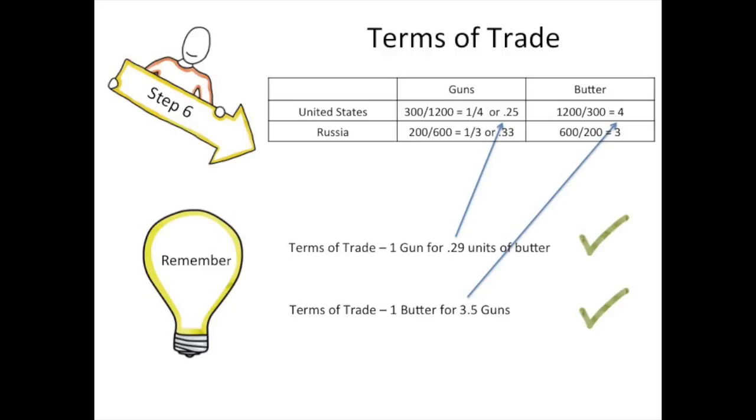A terms of trade of one butter for 3.5 guns falls between the opportunity cost of 4 guns and 3 guns. So remember, when choosing a terms of trade, always choose one that is equal to or in between the two opportunity costs.